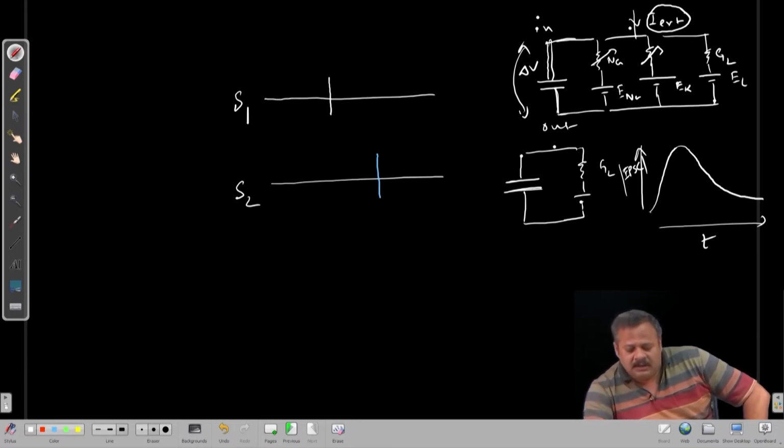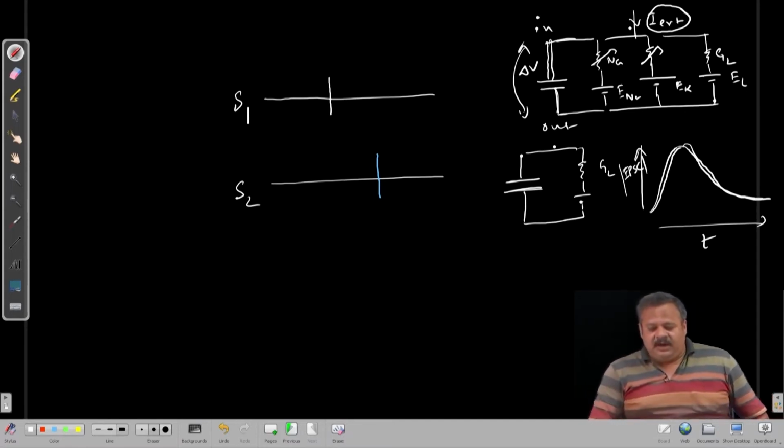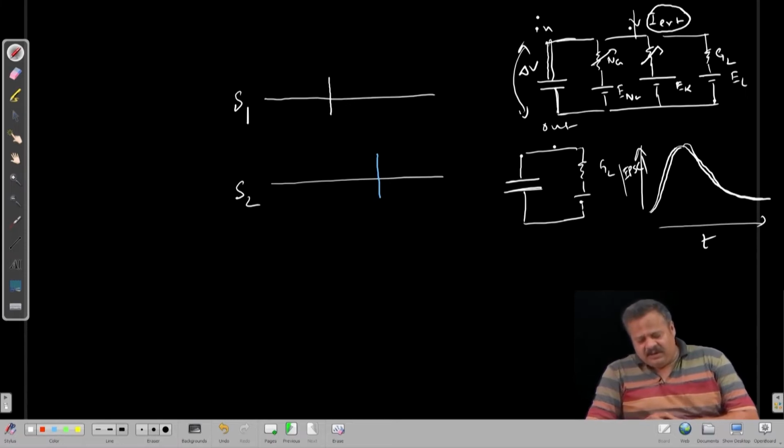So, this charging and discharging of the capacitor is determined by the capacitance of the membrane and the impedance or resistance in parallel with it.